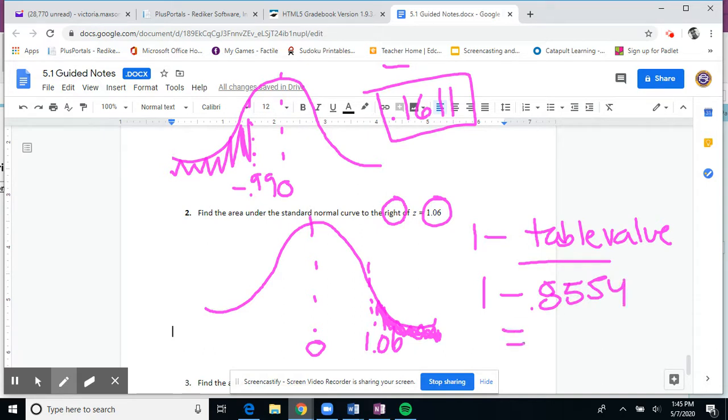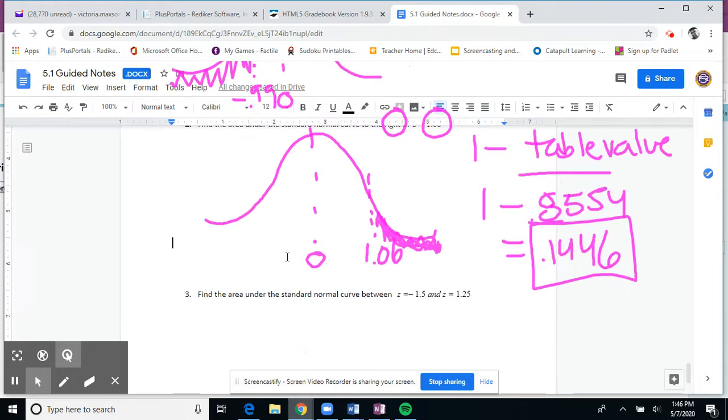So we do 1 minus 0.8554 to get 0.1446 as our area. So about 14%, or about 15 if we're rounding up.